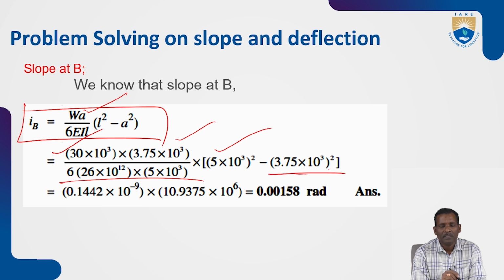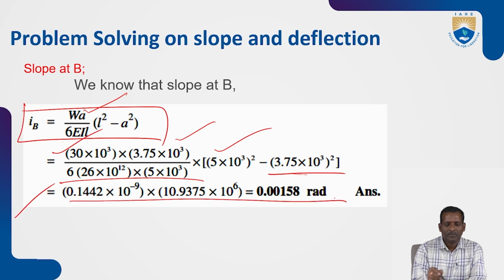A is the distance from the right hand side, 3.75 into 10 cube. So now calculate this value, the slope at B. So you get 0.0015.